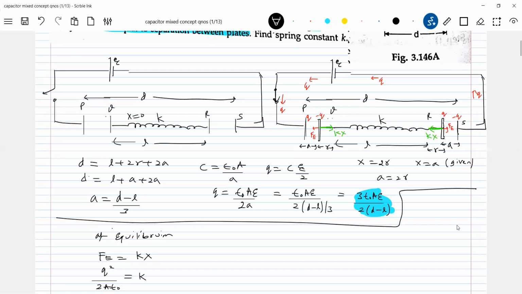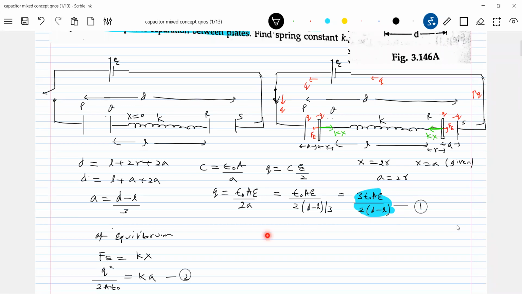And X is equal to A. Substituting this value of Q into this equation and solving for K will give the required answer. I'll write it down later, you check the calculation.